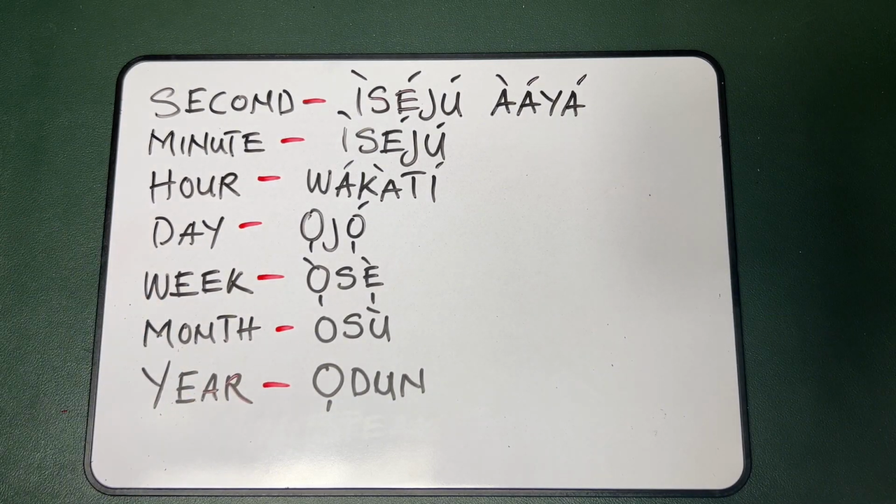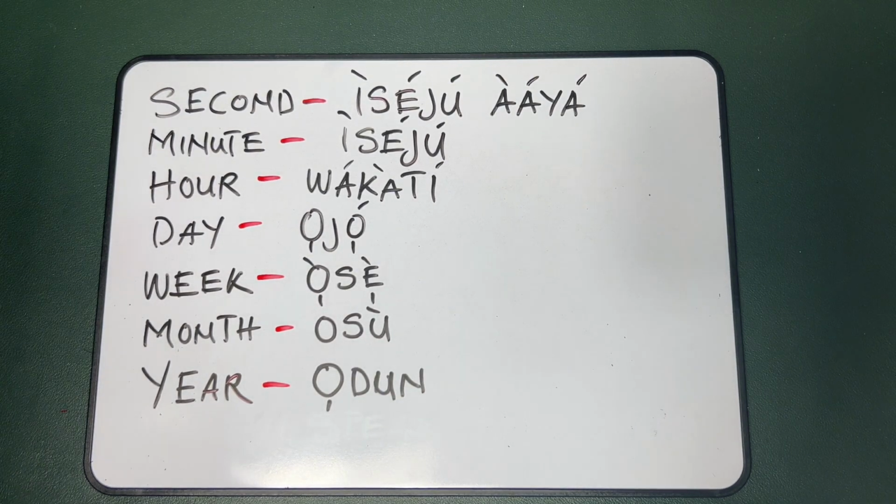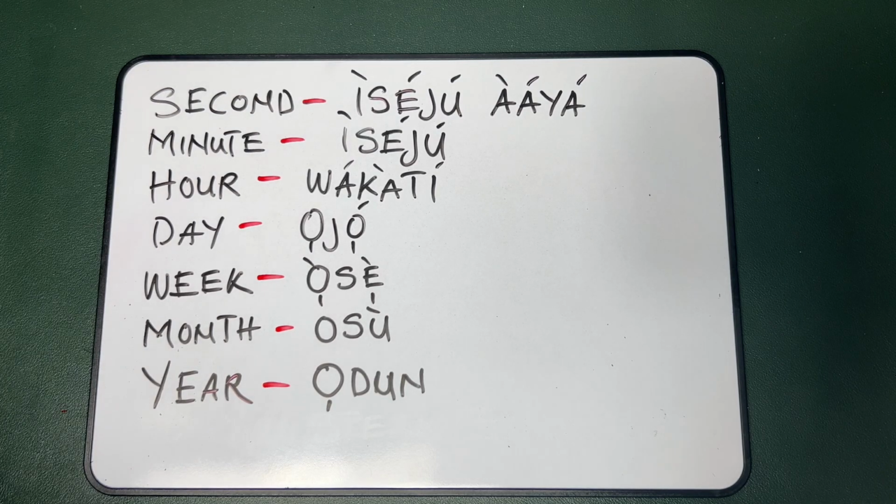So now I want to do something. There'll be a separate video to tackle days of the week, and to also tackle months of the year. But now I want to see if I can run through the number sequence of things, because obviously 60 seconds make 1 minute, and then 60 minutes make 1 hour, and then 24 hours make 1 day, and then 7 days make 1 week, and then 4 to 5 weeks make 1 month, and then 12 months make 1 year.